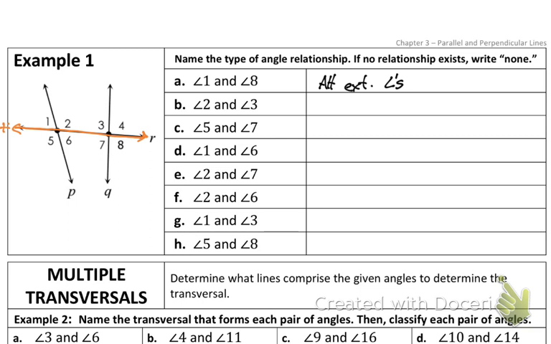They're also on the interior because, like I said, our interior for this one will be between the lines. That is your interior right here. So 2 and 3 are on the same side of the transversal. They're on the interior. The nice thing is our name is same side interior. So these will be same side interior.